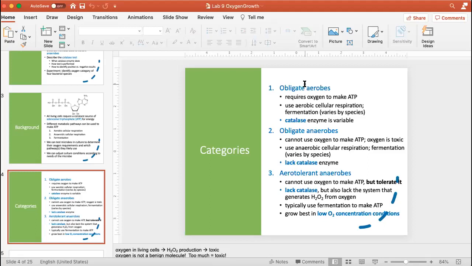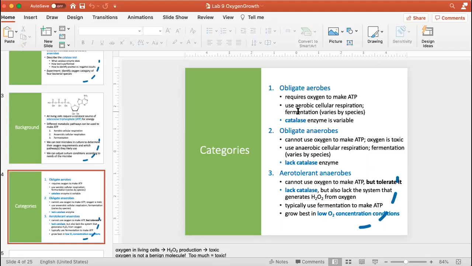So the oxygen binds with, reacts with the electrons, as well as some hydrogen, and creates water. If there's no oxygen around, that whole system shuts down and the organism dies. Obligate aerobes use aerobic cellular respiration. Some of them can also use fermentation. That varies by species.